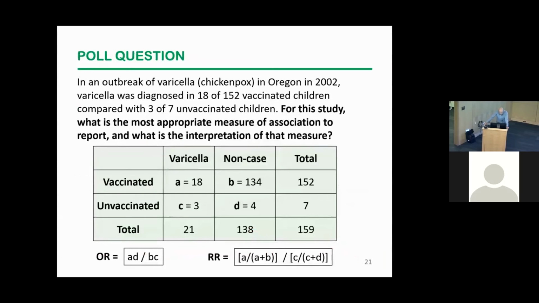So I want to do a little poll question, like a real world example. Read this for a moment and think about it to yourselves, and then we're going to go over a couple questions together about this example. So take like a minute and think about this.